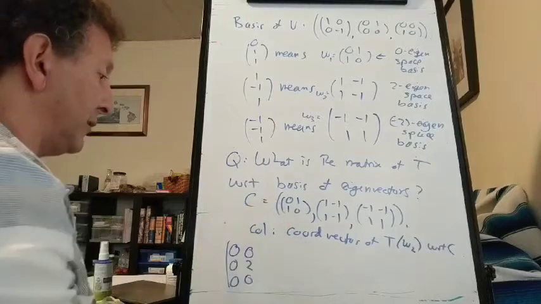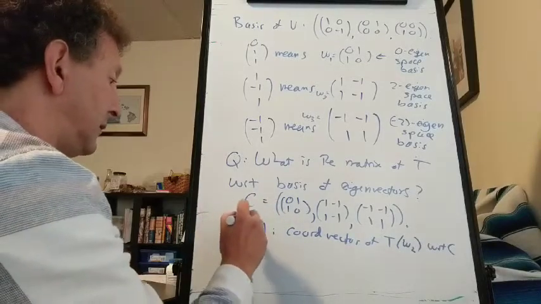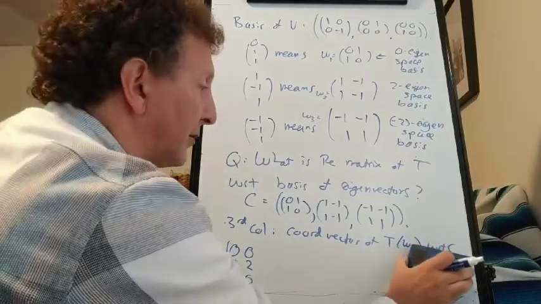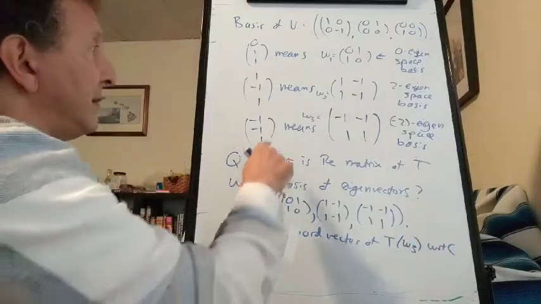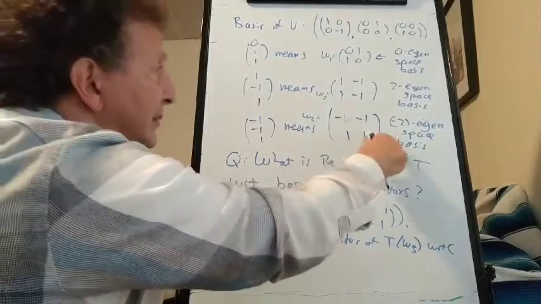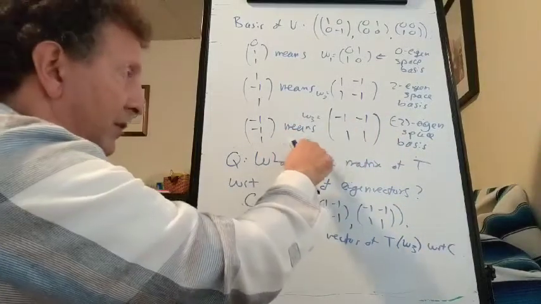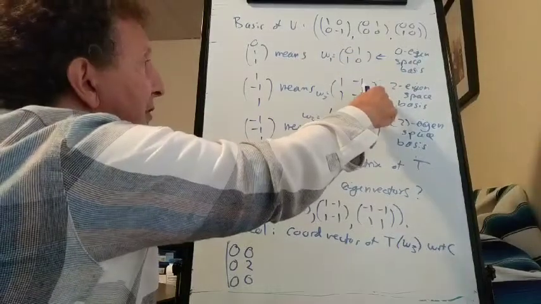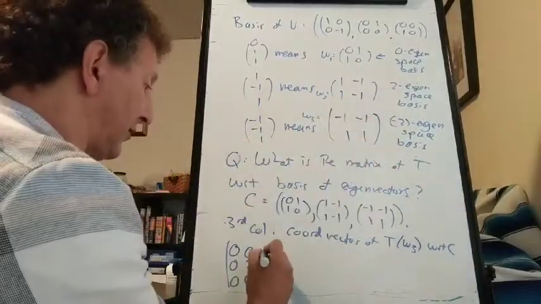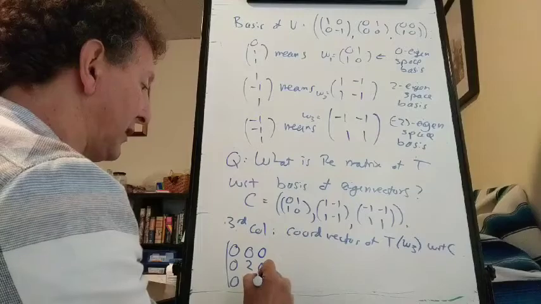Now the third column is the coordinate vector of T of W3 with respect to C. T of W3 is negative 2 times W3 because it's an eigenvector with eigenvalue negative 2. So that means it's 0 times this plus 0 times that plus negative 2 times itself. The coordinate vector is 0, 0, negative 2.